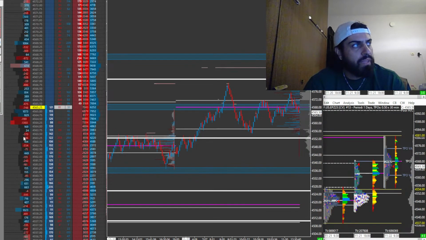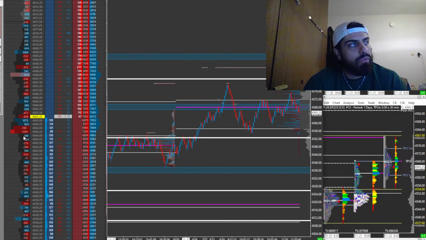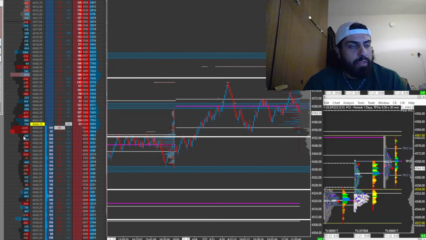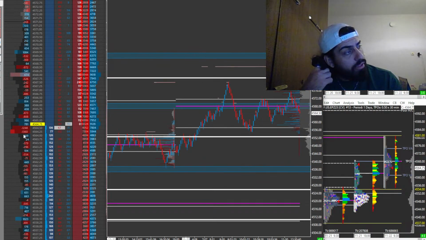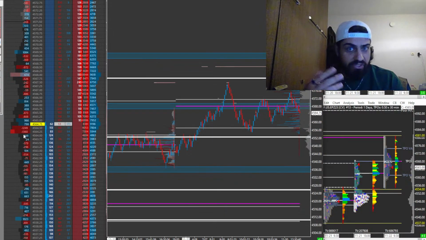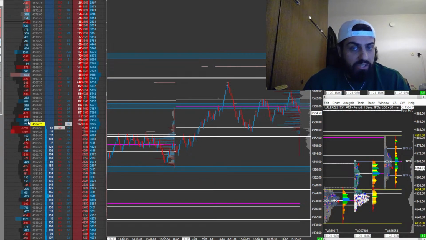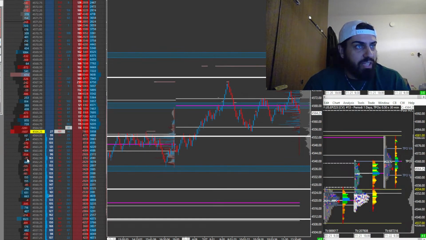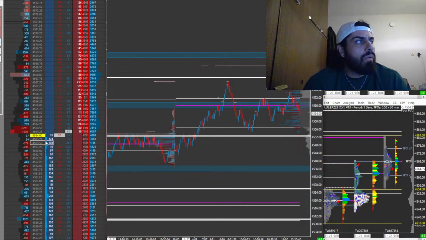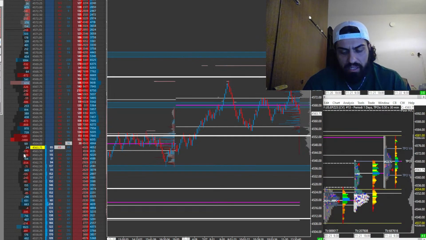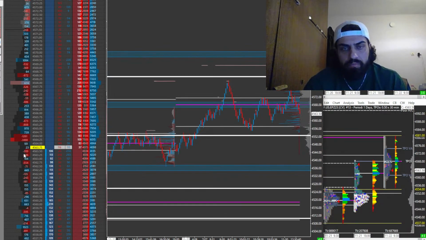Naturally, red is going to be negative delta, suggesting that the market sellers are greater than the market buyers at that area by X amount. Then the buy delta is going to be the market buyers greater than the market sellers by X amount in that area. If you're looking at the S&P, I consider large delta over 1,000.